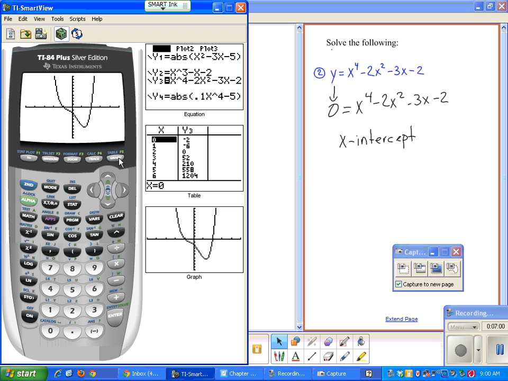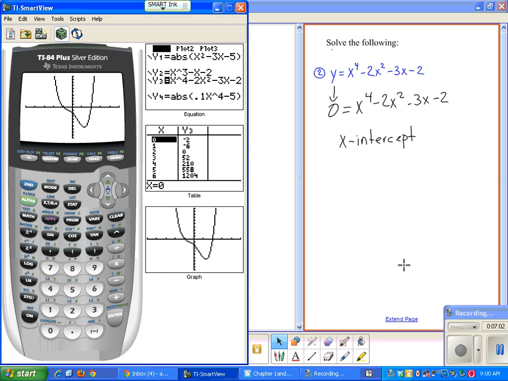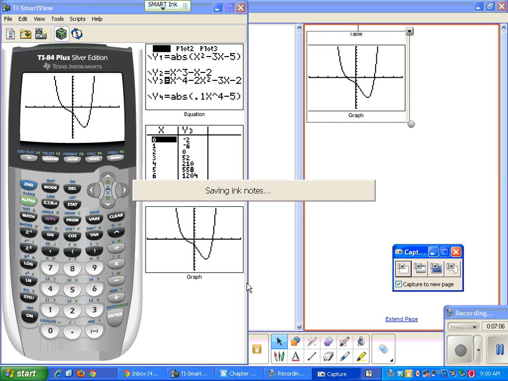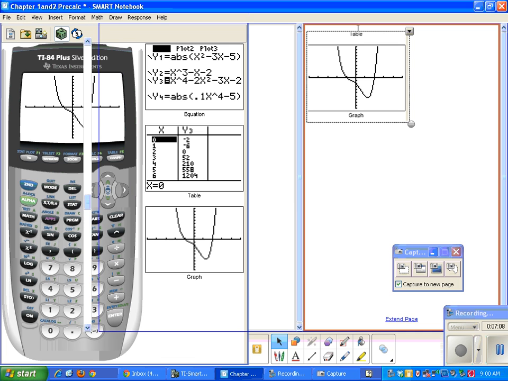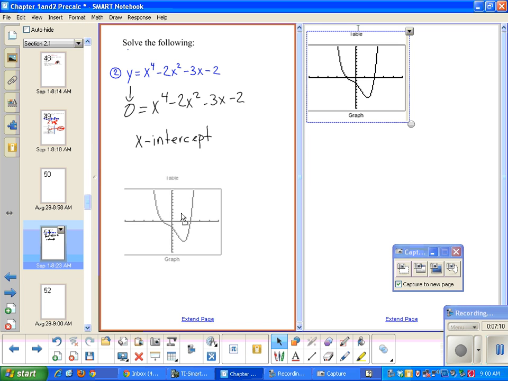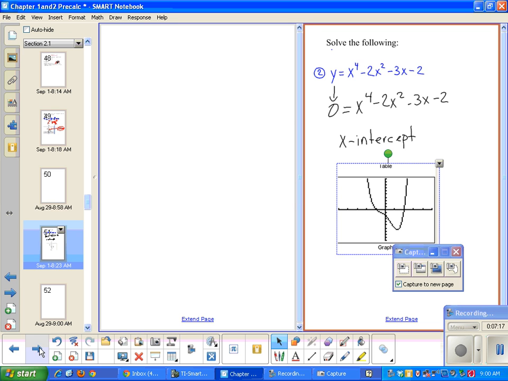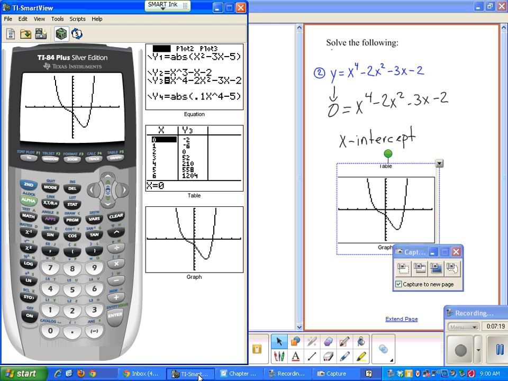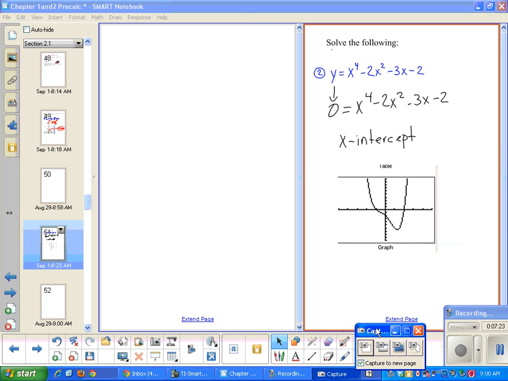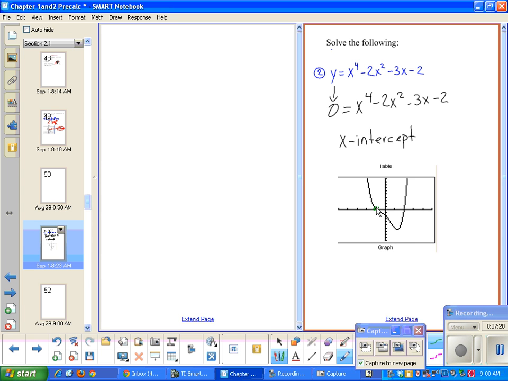Okay, now I'm going to snap a little picture of this so I can talk about something really quick. Okay, so what we have here, you can see that the solutions are going to be here and here.